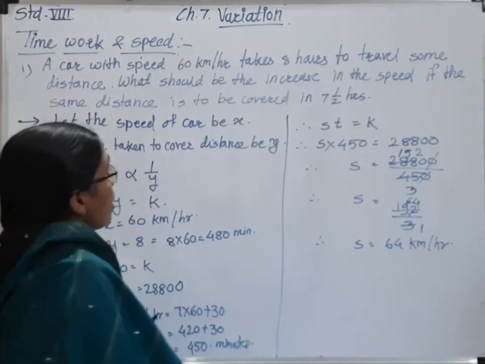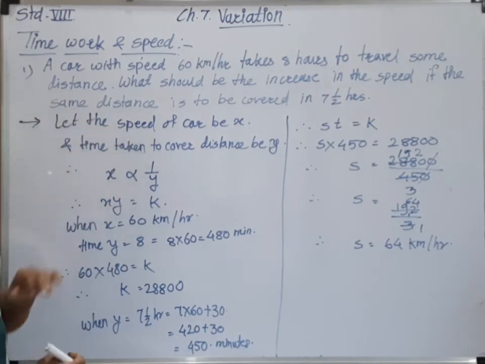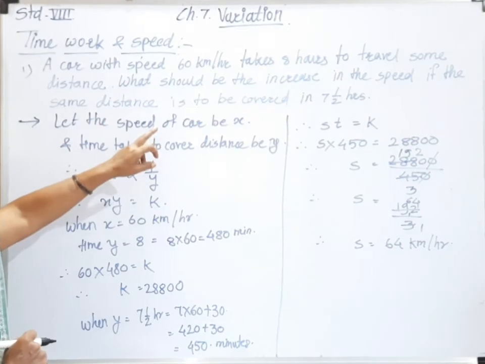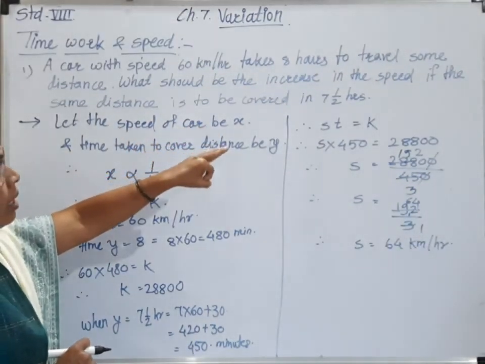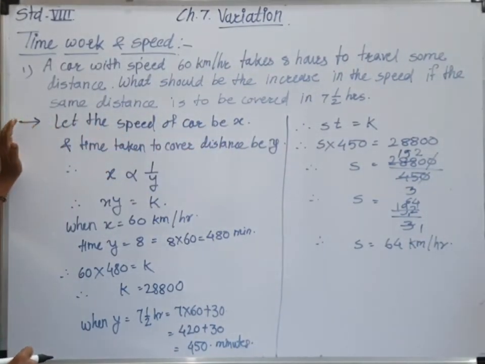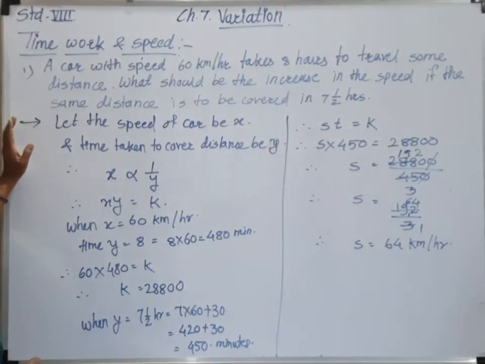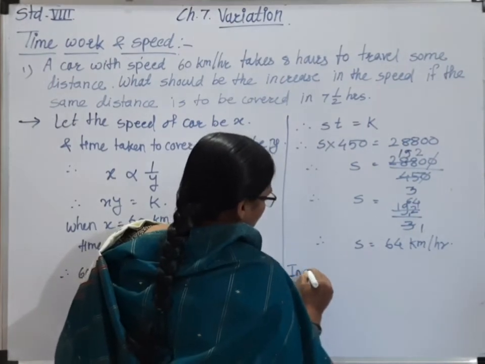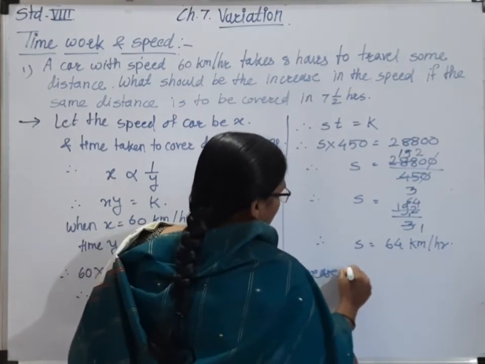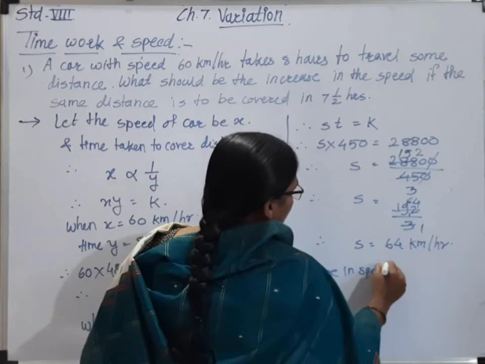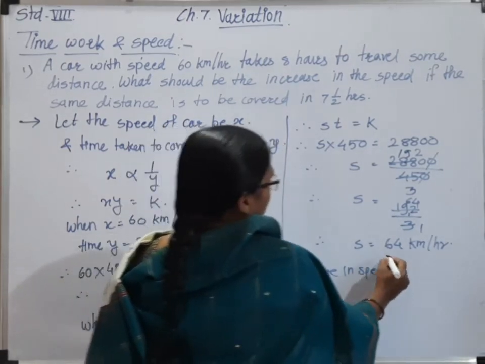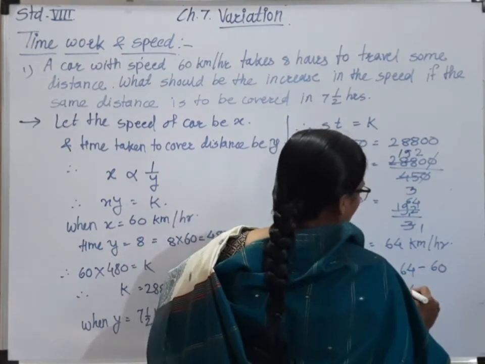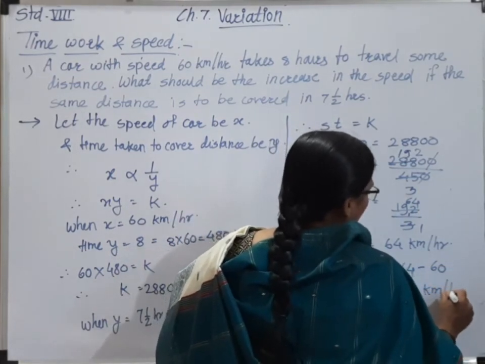But the question asked is, what should be the increase in the speed? The original speed is 60 km per hour, and we have to find how much to increase so that the same distance is covered in 7.5 hours. Therefore the increase in speed is equal to 64 minus 60, which is equal to 4 km per hour.